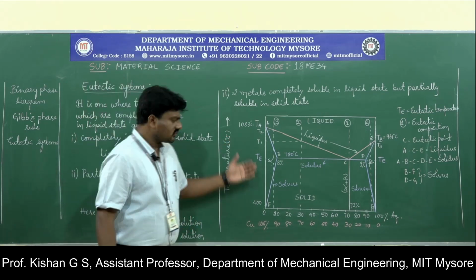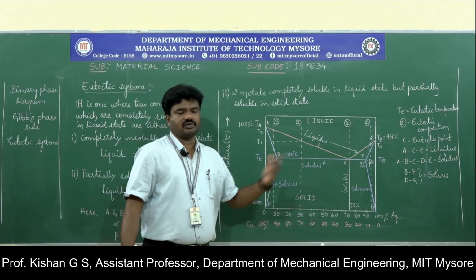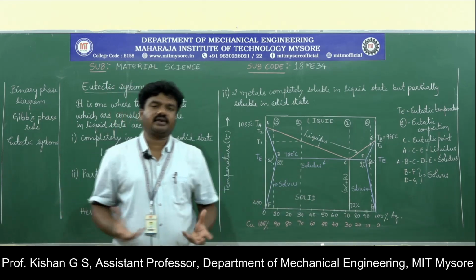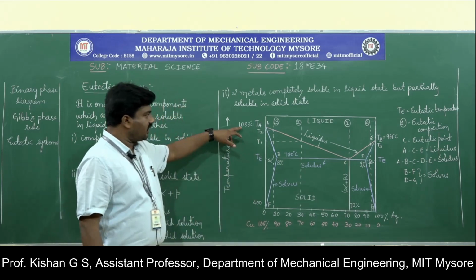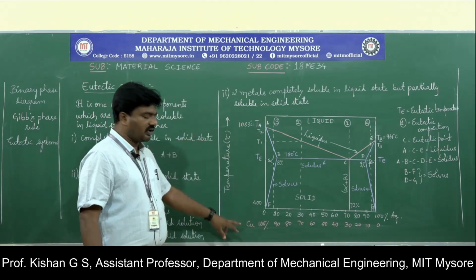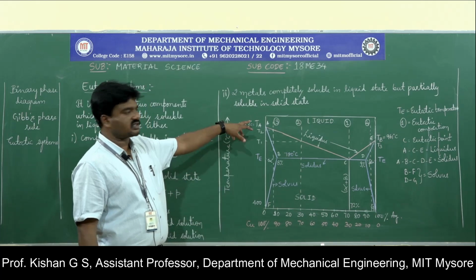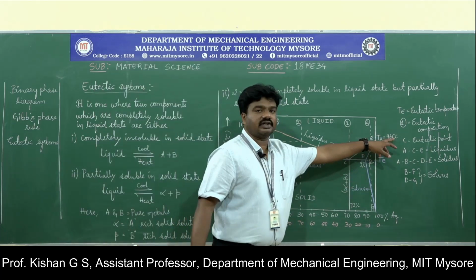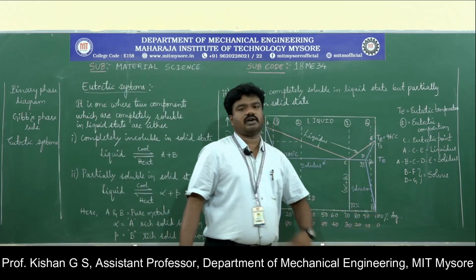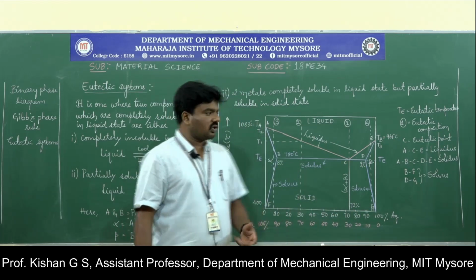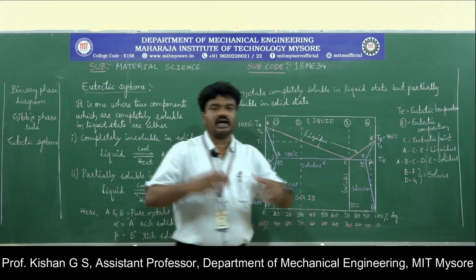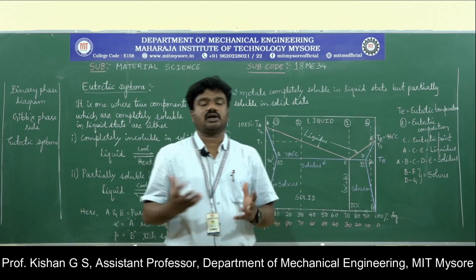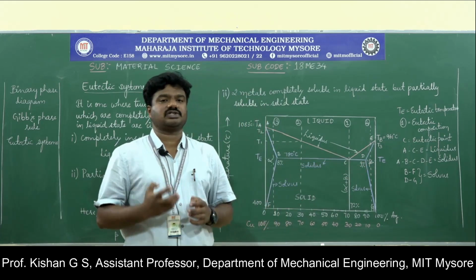Say we have taken a copper and silver mixture. We have heated both the materials. When heated at 1083 degrees Celsius, the copper converts completely into liquid state, whereas at 961 degrees Celsius, the silver completely converts into liquid state. So this line represents the liquidus line, above which the material will be completely soluble in the liquid state.